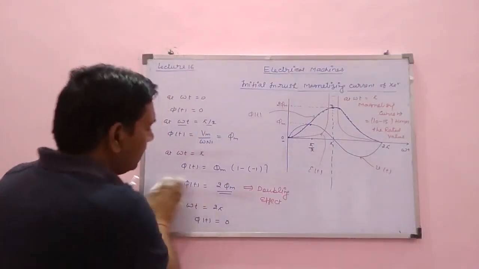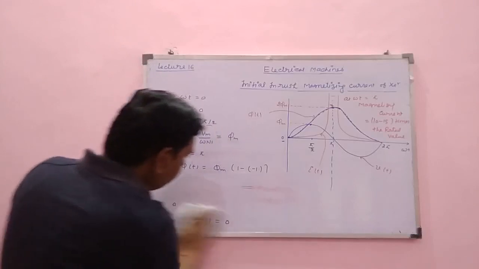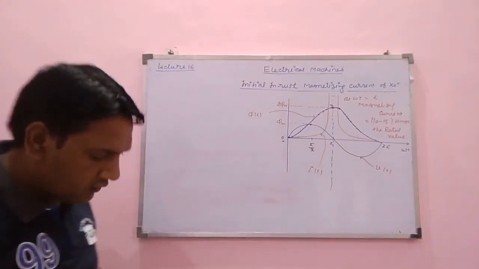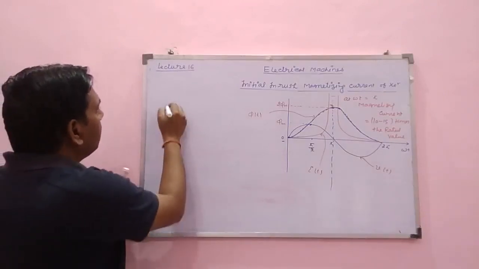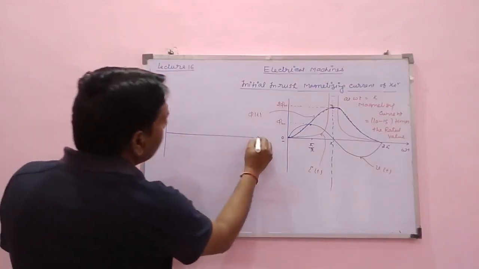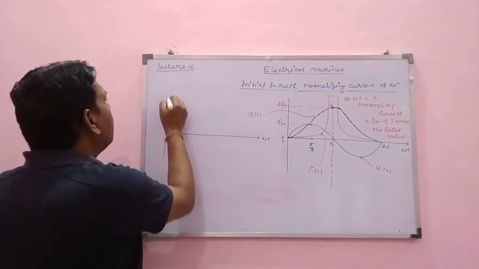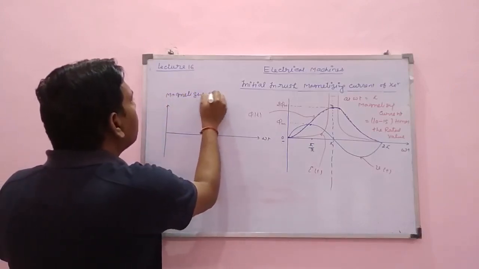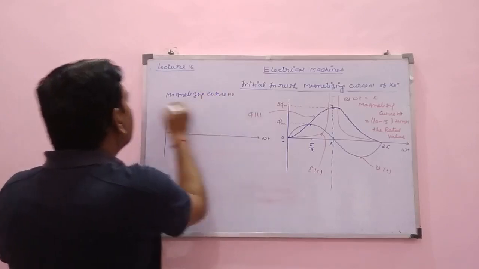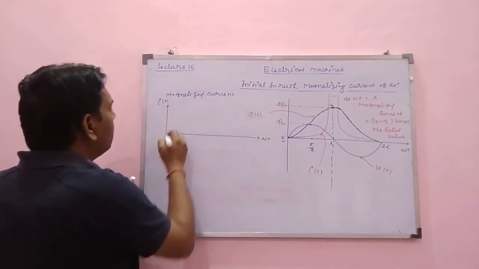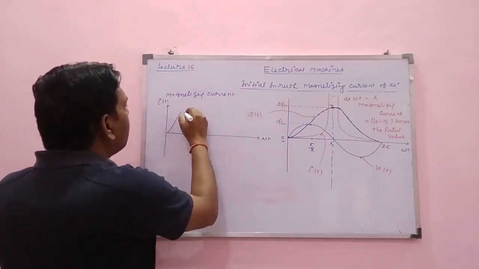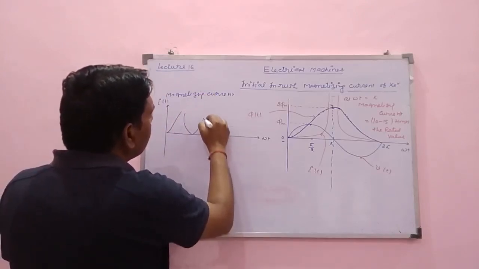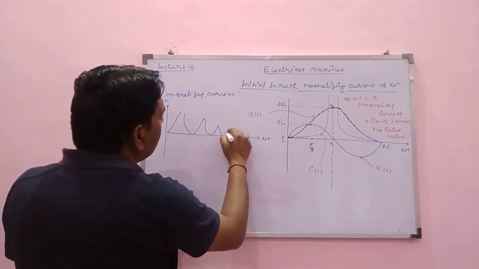So we can see here that at the time of starting, for some duration, the nature of current is like that. This is omega t, and this is the magnetizing current I of t. So the nature at the starting will be like that.